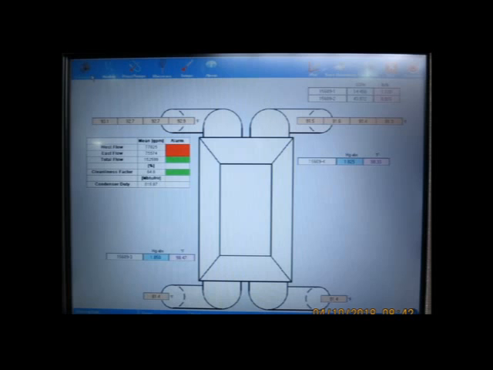So here's a somewhat decent screenshot of the unit. You can see here that with that instrumentation installed, we've got flow rate per path. So you can see 76,000 gallons per minute through each path of the condenser. The total flow rate shown there. The cleanliness factor, performance factor is being calculated with all of this information.